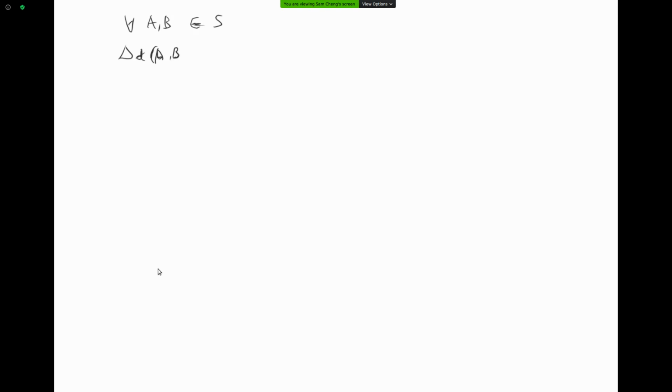Delta D AB is given by the sum of all the compatible splits sigma there, delta sigma AB. So this delta sigma will be equal to 1 if the split separates A and B. Otherwise it will be equal to 0. So it's less than or equal to DAB. So this is something we want to prove. This is Lemma 9 there in the paper.